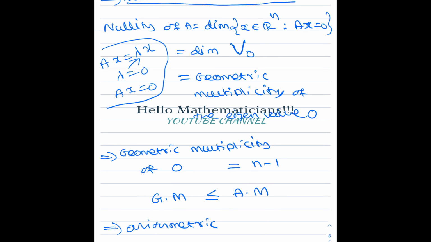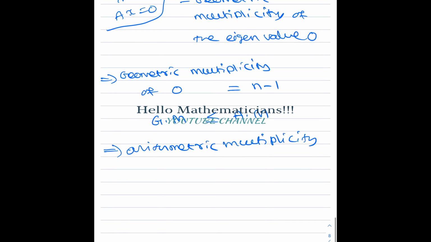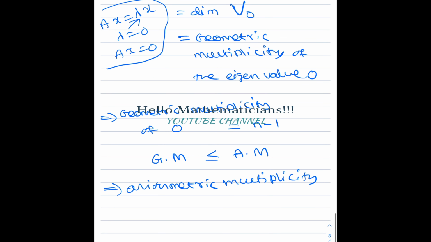This implies the algebraic multiplicity of 0 is at least n minus 1.